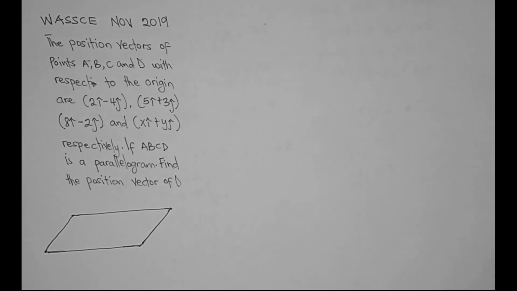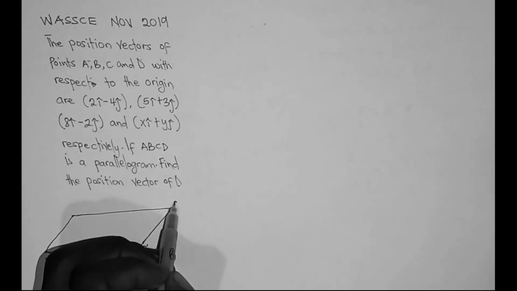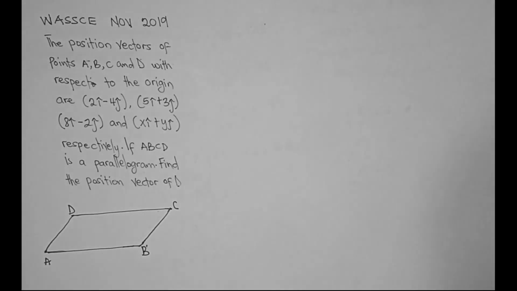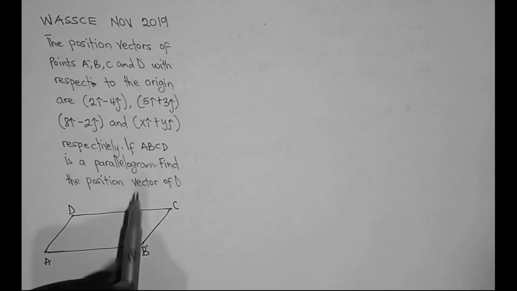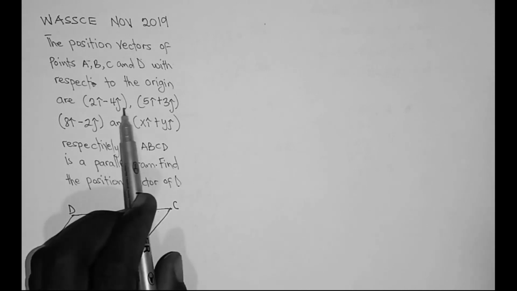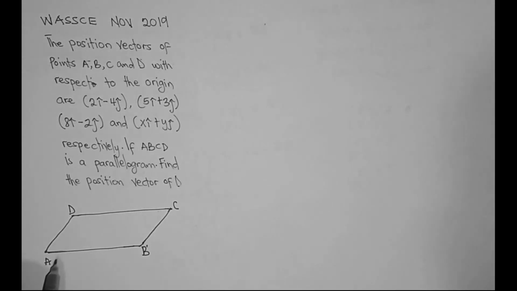This is the diagram of a parallelogram, and then we have A, B, and then C, D. But the coordinates of A are the first vector, which is 2, -4.